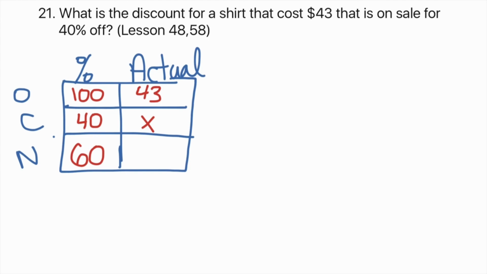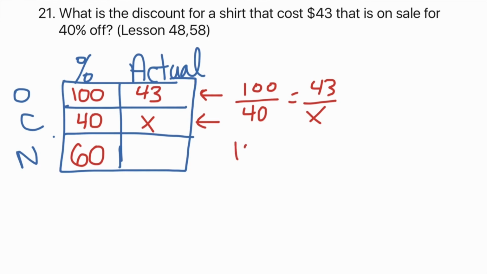So I need to use my first 2 rows because that's where I have both pieces of information. I'm going to pull those numbers out and make my ratio or my proportion. So 100 over 40 equals 43 over X. And at this point, we just cross multiply. So we can do 100 times X equals 40 times 43, which will give us 1,720.